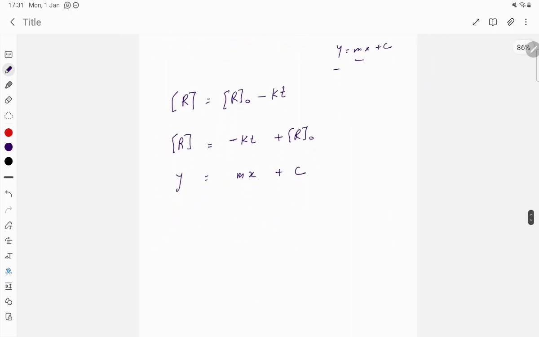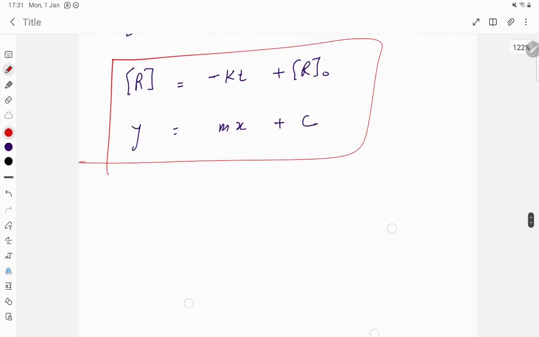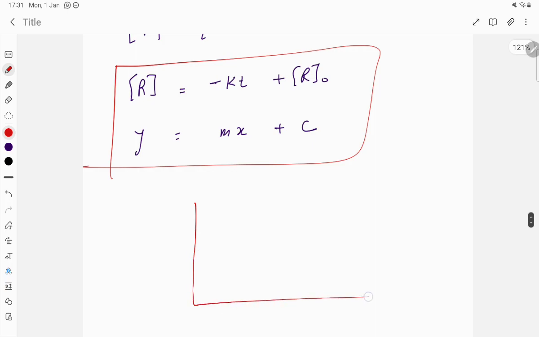You can draw the graph. Suppose this is x and here is y.